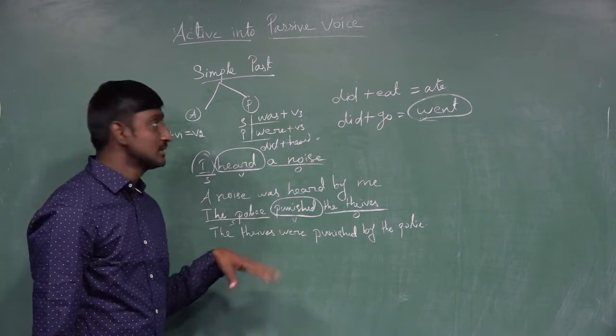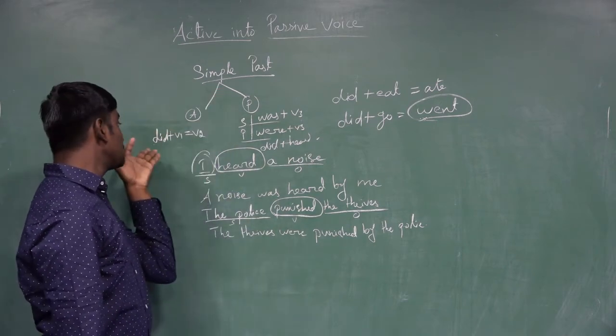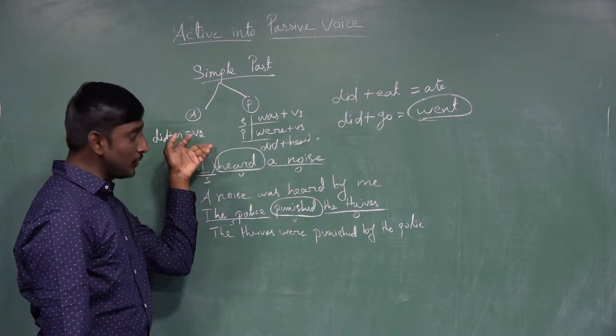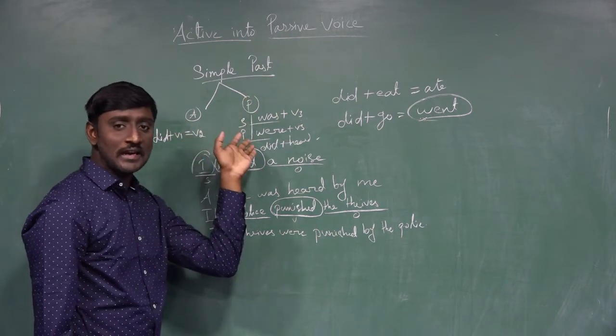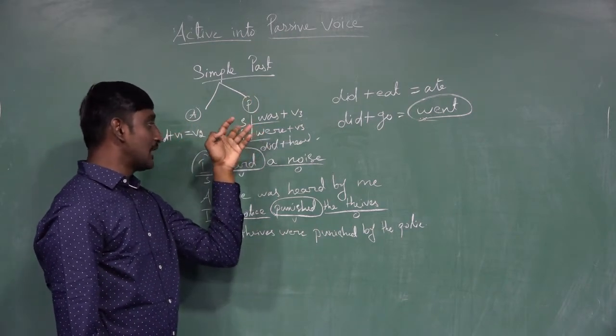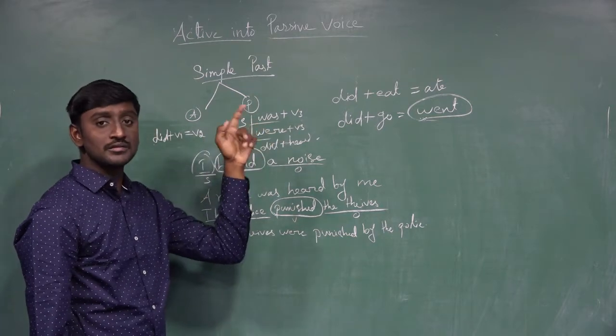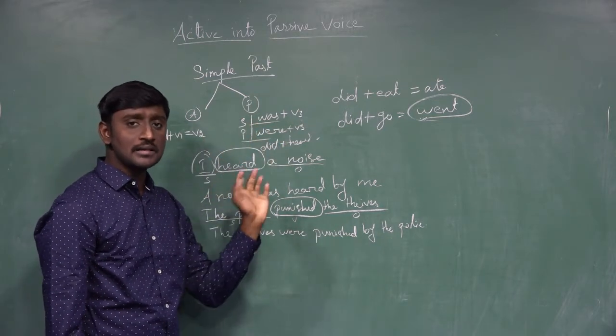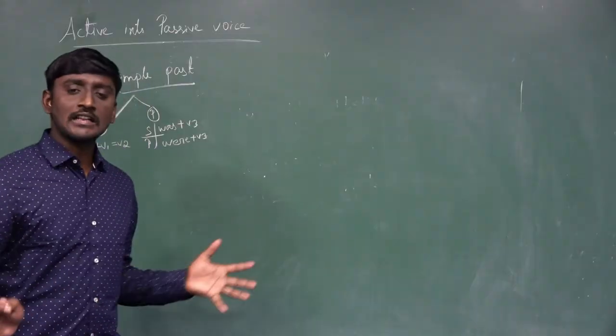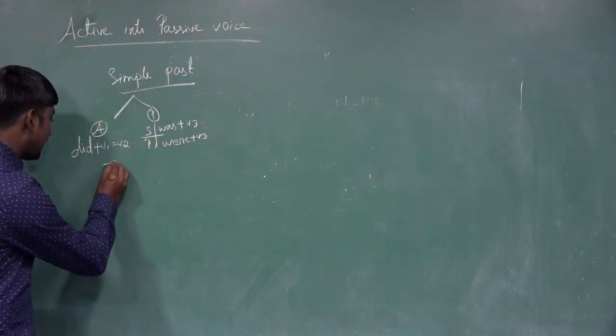In the simple past, the active is did plus V1 equals V2, and the passive voice is: if the subject is singular, was plus V3 form, and if plural, were plus V3 form.